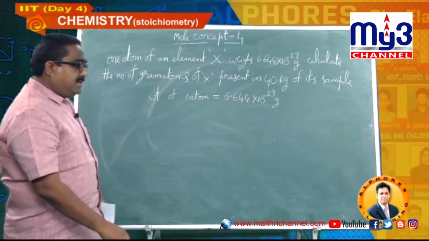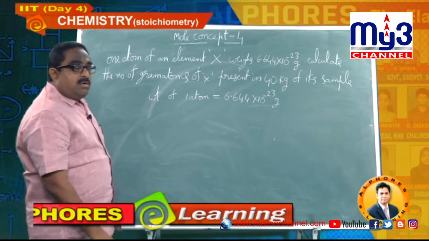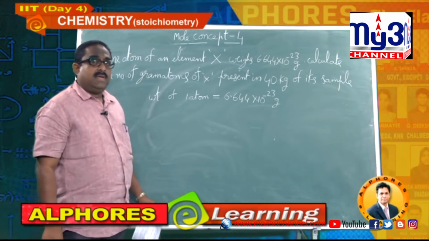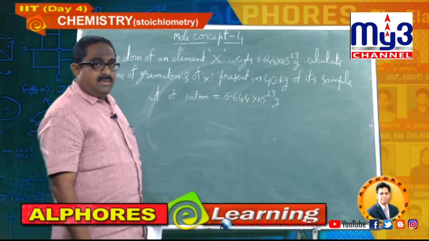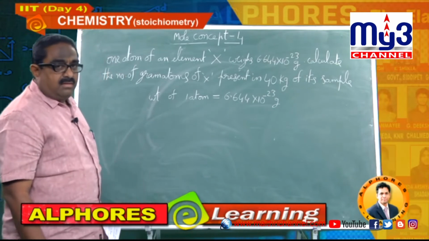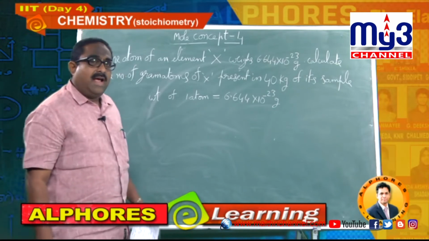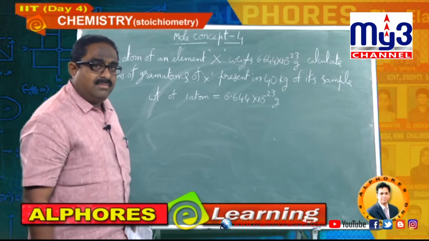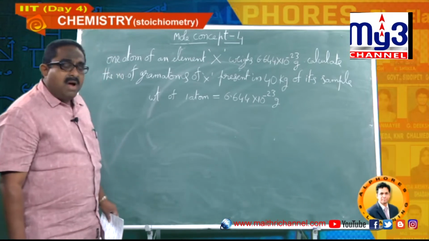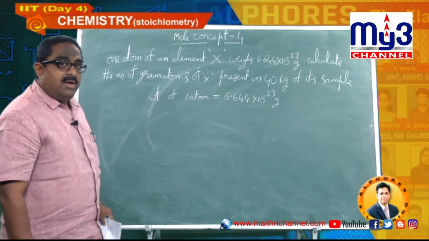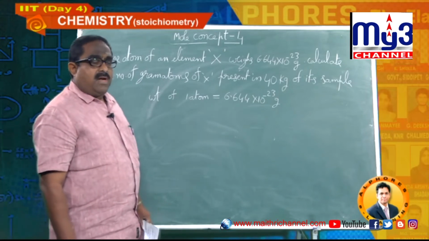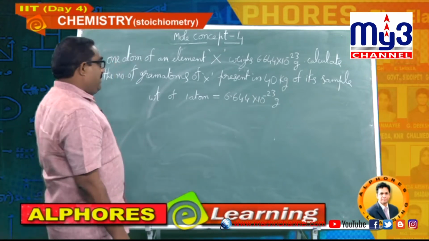Write down, students. We know GAW, gram atomic weight, which can also be called gram atom, which is nothing but the weight of 6 into 10 power 23 atoms of that element.